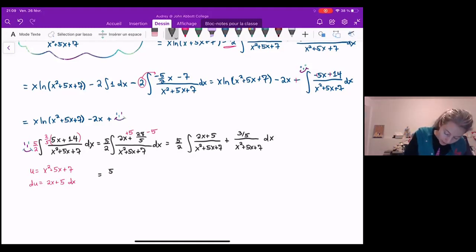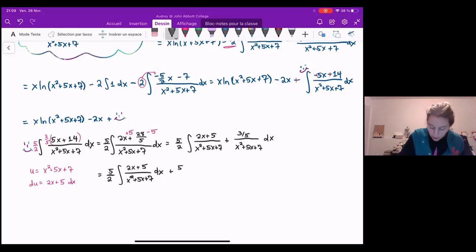So then here, I'm going to separate this into two integrals. This is 5 over 2, 2x plus 5 over x squared plus 5x plus 7 dx. That 5 over 2 distributes. So I have 5 over 2 times 3 over 5, the integral of 1 over x squared plus 5x plus 7 dx.